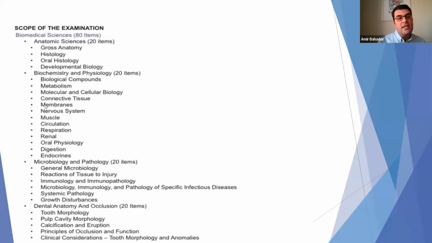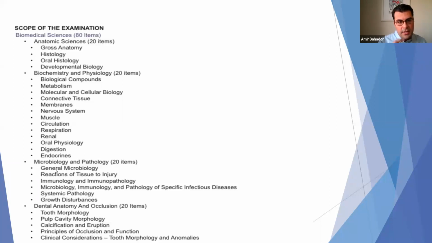You can see they've covered all the parts of the body with regard to physiology. So it would be a little tricky to cover everything, and you shouldn't overdo it. I will talk about that later.